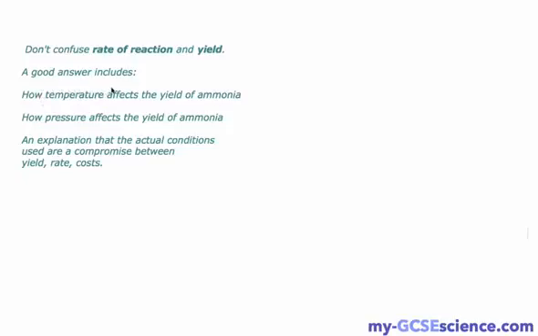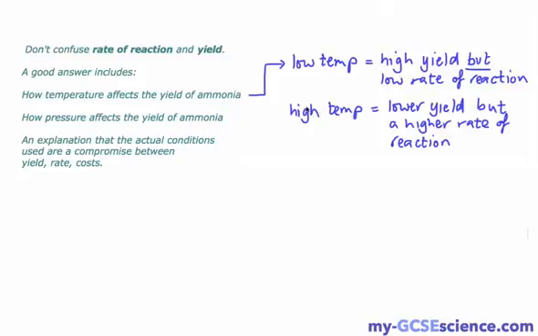But a good answer for this includes how the temperature affects the yield of ammonia, and the way that happens is as follows. We know that a low temperature will give us a high yield but a low rate of reaction, and a high temperature will give us a lower yield but a higher rate of reaction. So our temperature is a compromise between yield and rate of reaction.